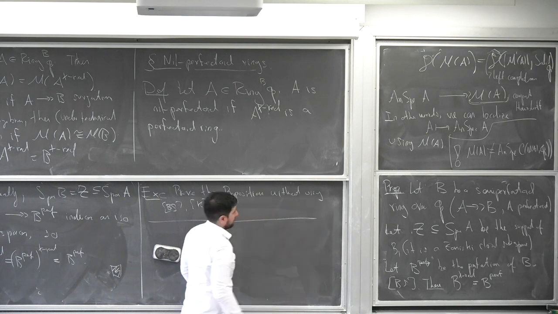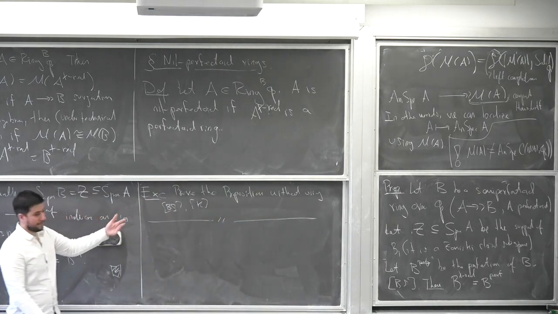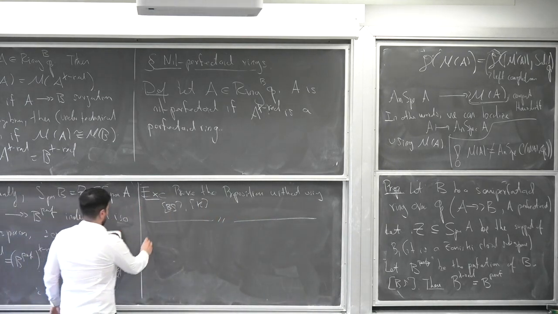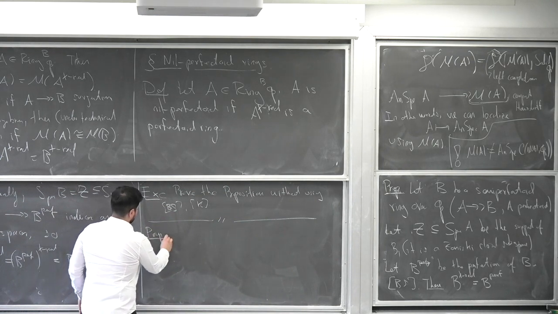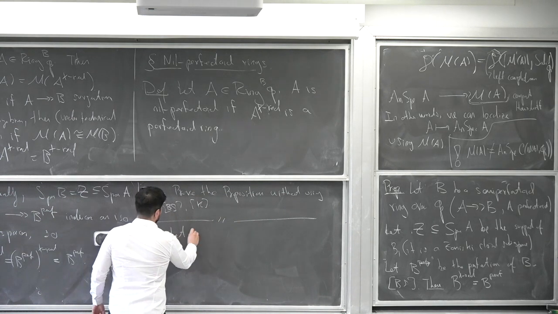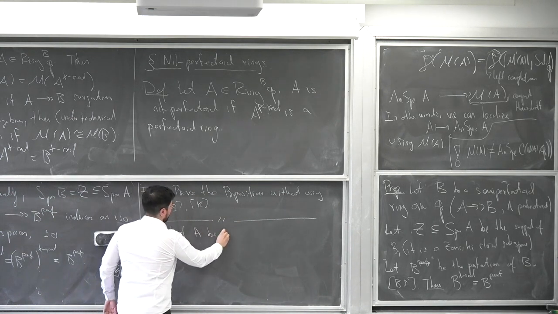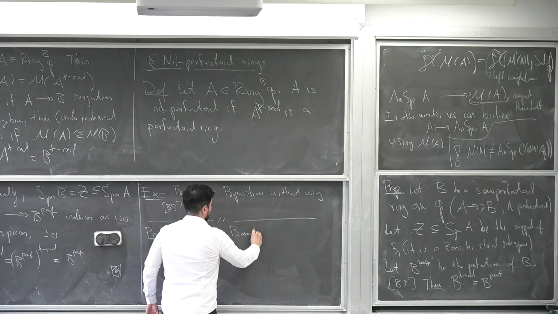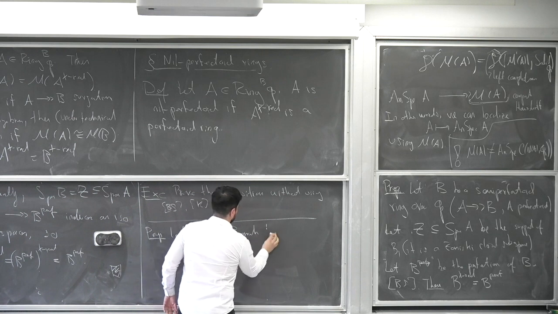So this is the first proposition, saying that this holds for general semi-perfectoid rings. And the second proposition tells you that any Banach algebra can be covered by one of these. So let A be a Banach algebra.